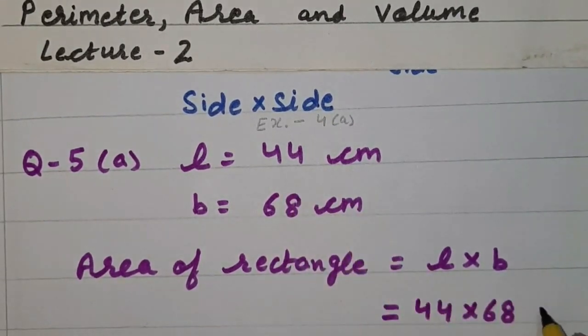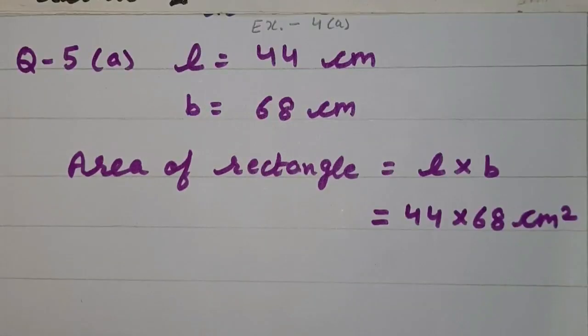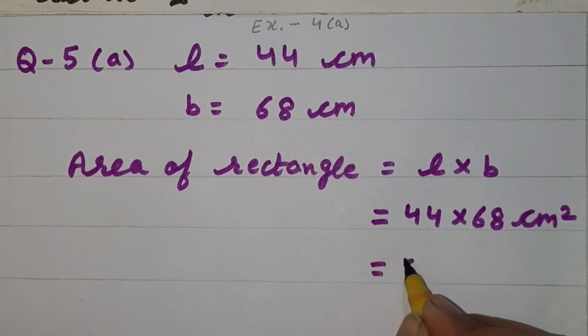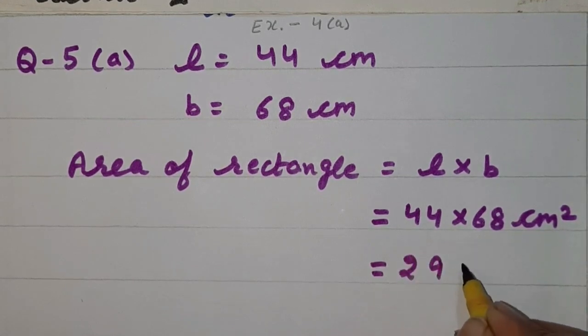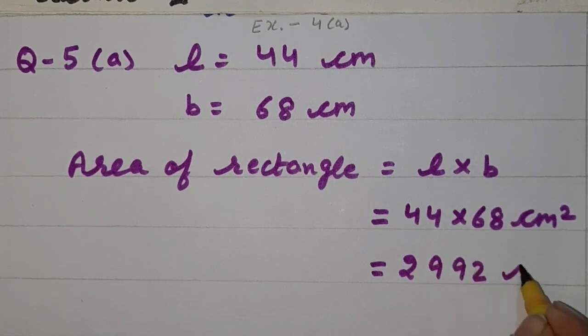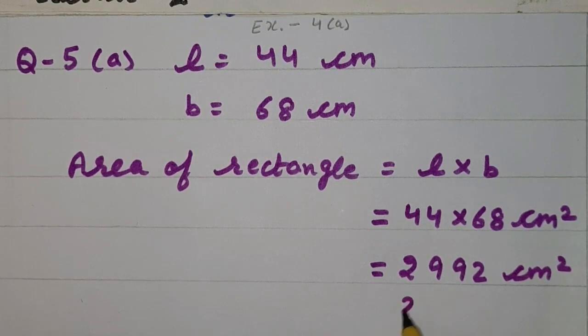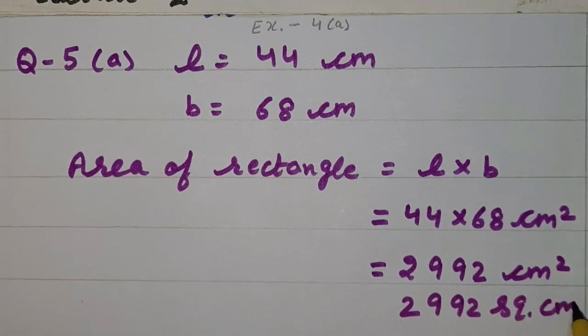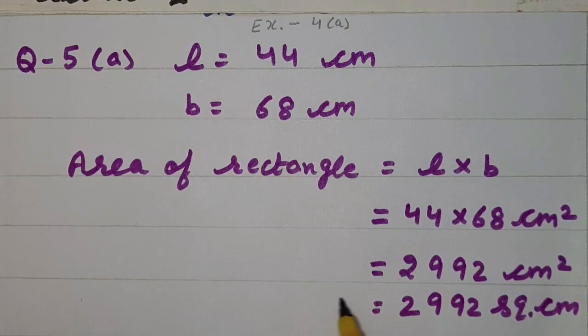Centimeter multiply centimeter will become centimeter square. Now you can multiply 44 with 68 in rough column and you will get your answer, 2992 centimeter square, or it can be written as 2992 square centimeter. Both have the same meaning. Got it? Here we will write down or.